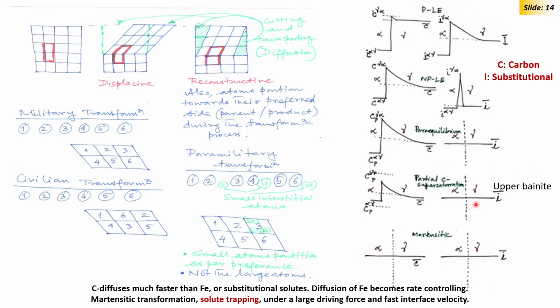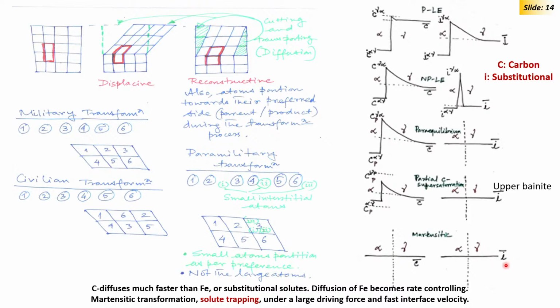More likely is bainite transformation, that we call partial carbon supersaturation, para-equilibrium, no partitioning of substitutional solutes, but the carbon content in bainite is higher than the carbon content in polygonal ferrite. Bainitic ferrite can hold more carbon. So, carbon is partitioning, but not to the extent which happens in polygonal ferrite. That we call partial carbon supersaturation.